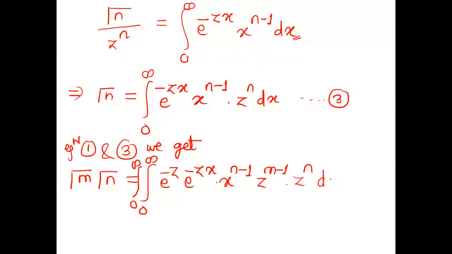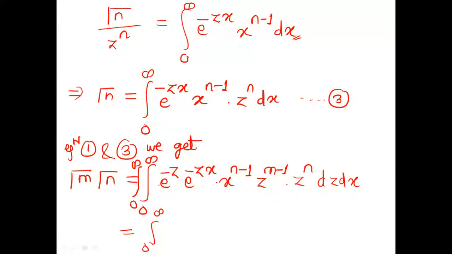We will write dz dx. Now here, whatever possibility for simplification is there, we will apply here. So we will apply the law of indices over here.